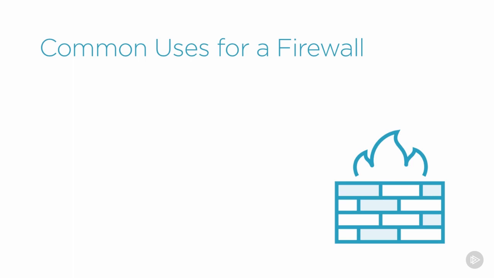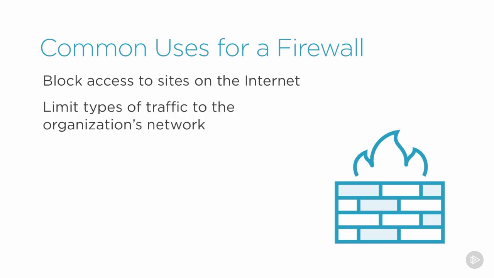So where do we use these? Well, we use them to block access to sites on the internet. We can block traffic so people can't go to a site we don't want them to go to. We can then, of course, block traffic that comes in from the internet. Limit the types of traffic that'll come into the organization's network. Maybe I'll only allow, for example, certain types of traffic, and other traffic quite simply would just be dropped.